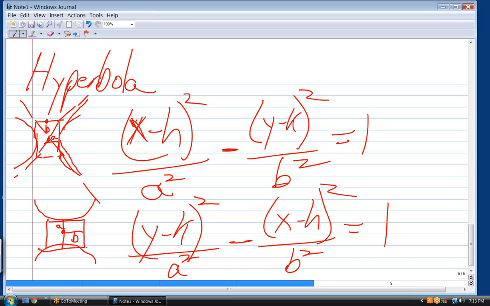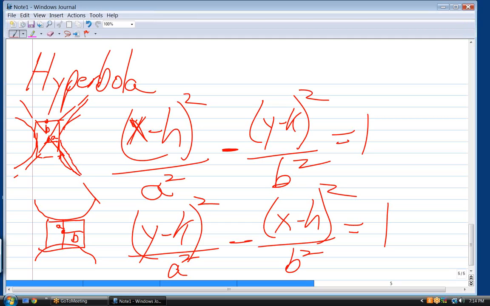Now, notice that A and B can be any dimension relative to one another. If I have a horizontal hyperbola, I could make this box more rectangular so that A is bigger than B. I could make it like it looks now, where B looks a little bigger than A. Or down here, I can make it wider or narrower.